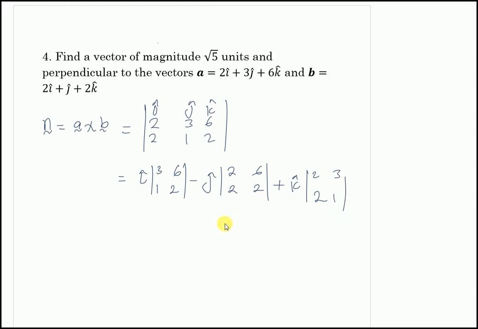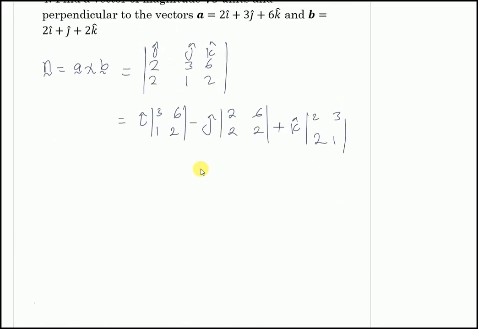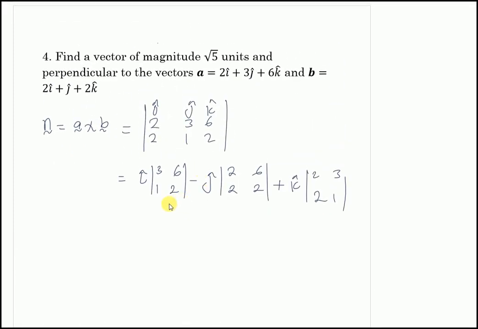Now we are going to, this one is 6 minus 6 for i. Then we are getting determinants: product of elements on the leading diagonal minus the product of elements on the other diagonal.